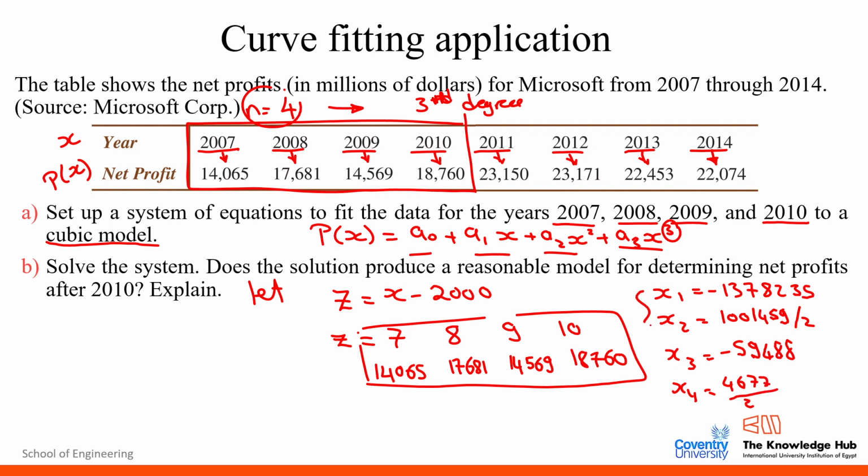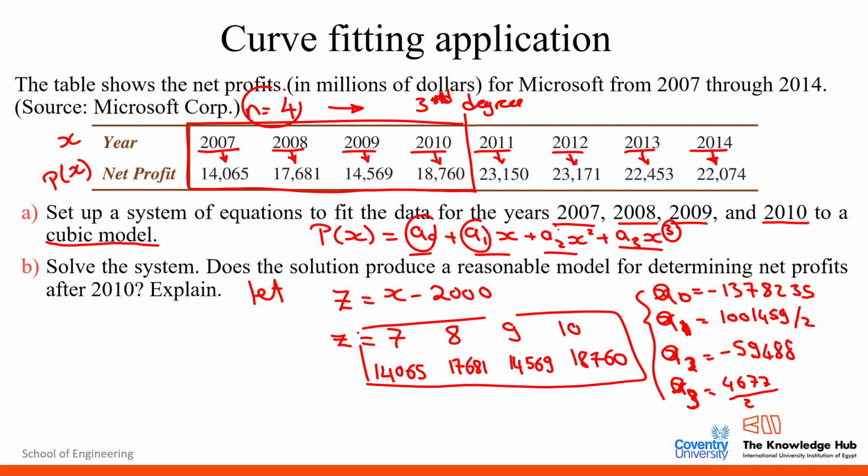These are the values of the constants. I should write here instead of x, a naught, a1 sorry, and a2 and finally a3. So these are the values of the constants here.